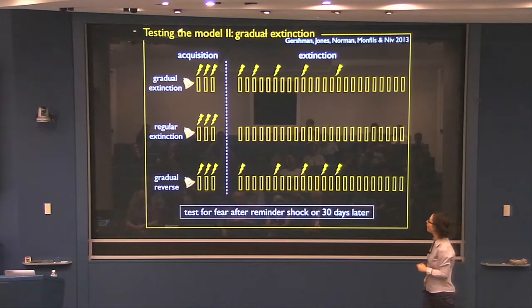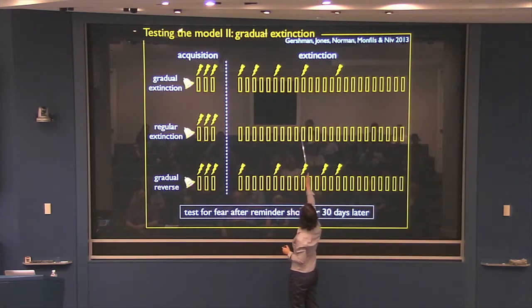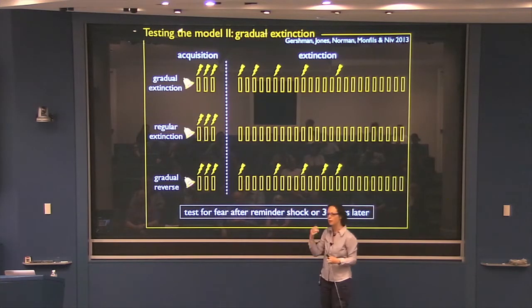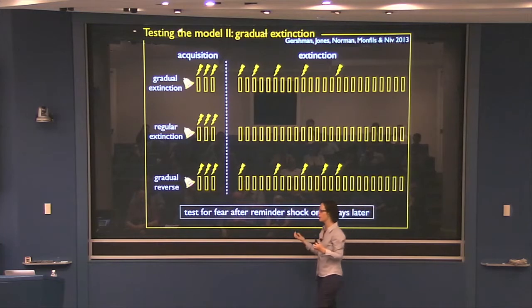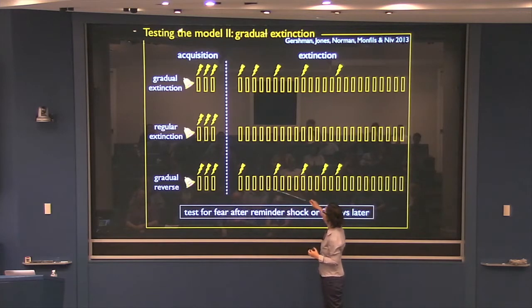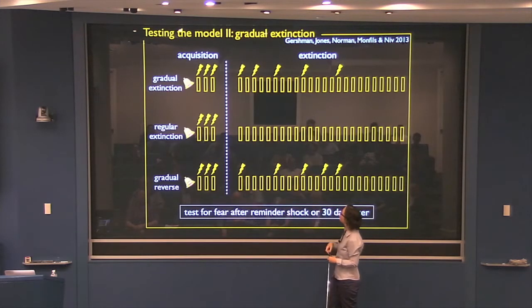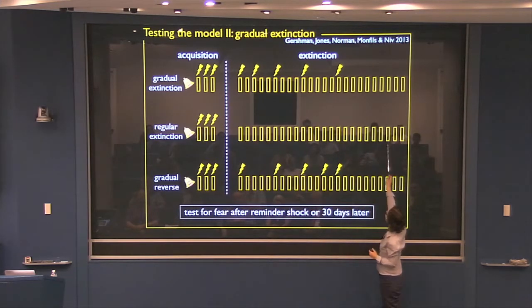And so again, our hypothesis was that in gradual extinction, because we're easing them off the shocks gradually, they won't at any point be completely sure that there is a new latent cause, and they'd continue updating that old latent cause. Whereas in these 2 conditions, they wouldn't. And so if you update that old latent cause with all these trials with no shocks, you're diluting the probability of a shock.